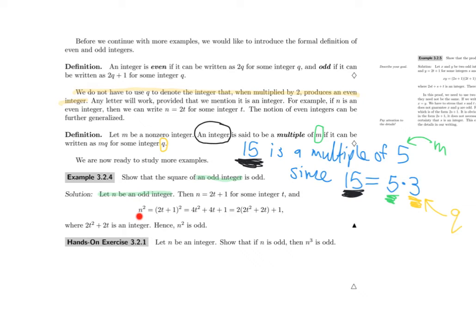All right, so when we take the square of this odd number, that'll be n squared, which means it'll be 2t plus 1, quantity squared. We work that out, we get 4t squared plus 4t plus 1. And what we want to do with this is put it in the form 2 times some integer plus 1.